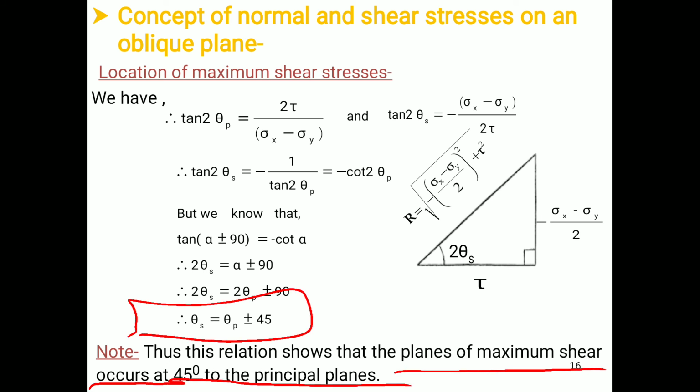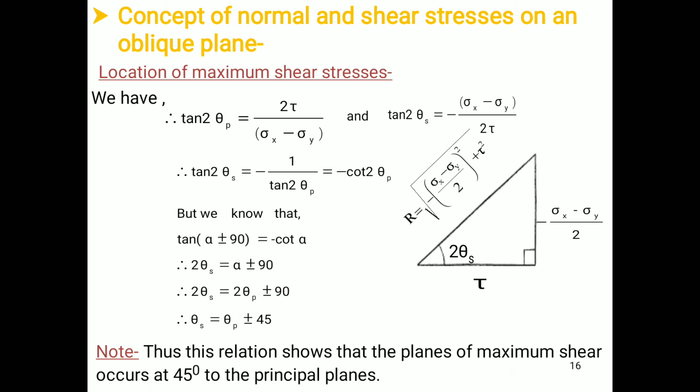So by using this relation you can express the value of theta s in terms of 45 degrees plus minus theta p. In this manner we have found the location of maximum shear stress. In today's lecture, first of all we determined the location of the principal plane.